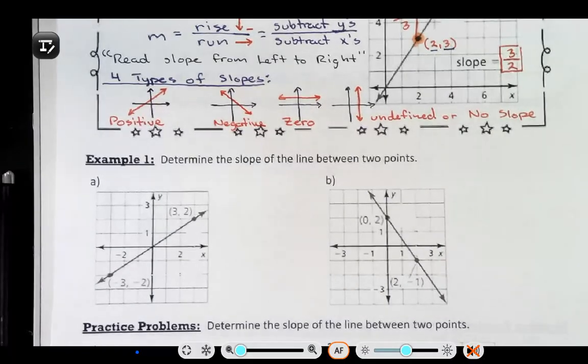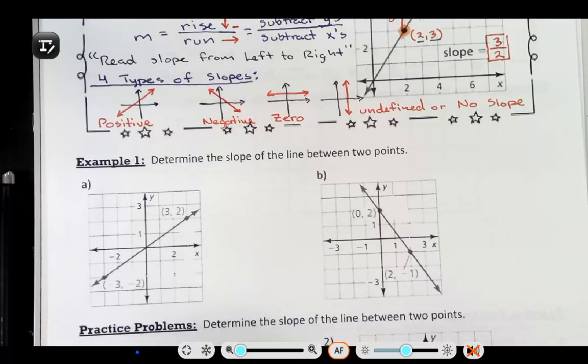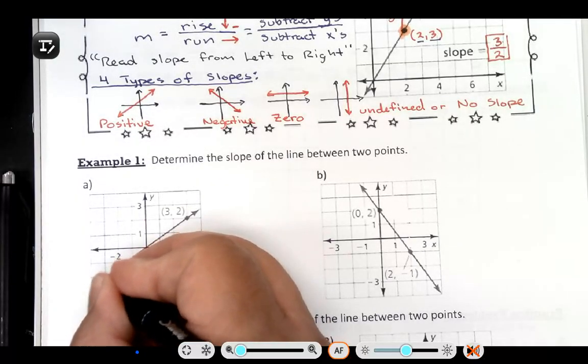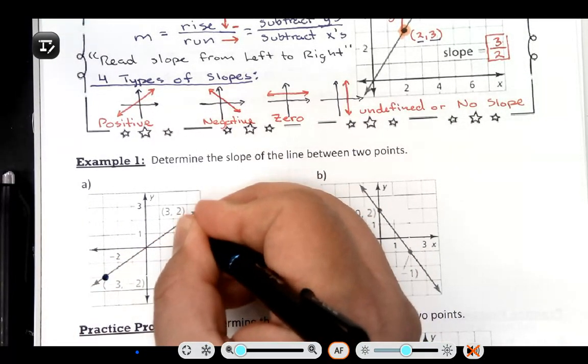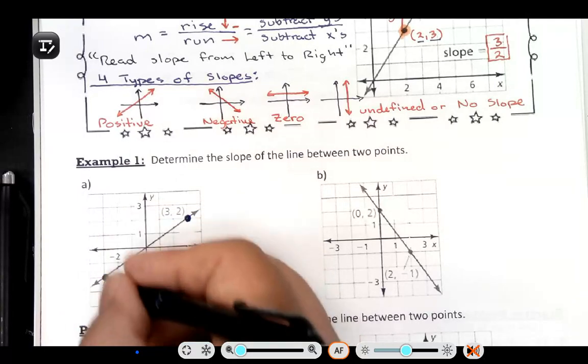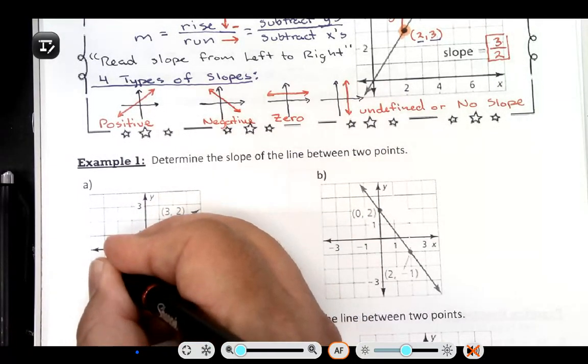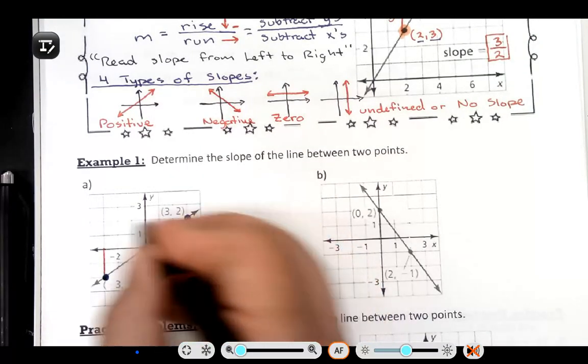All right, now again, remember what they said. You have to pick points that are easy to work with. So they already gave them to me. They said I'm going to use this one, and I'm going to use this one. One idea that somebody in the past said was, so I'm kind of making a triangle, right? And you kind of are. Look, I need to go up a certain amount, but you got to keep track of that point.